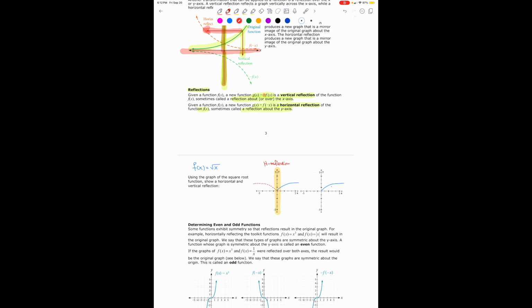The vertical reflection is going to happen across the x-axis or over the x-axis, and the new graph is going to look like a reflected image of the original graph over the x-axis or about the x-axis.